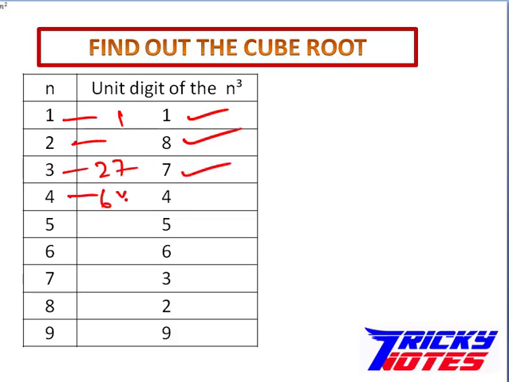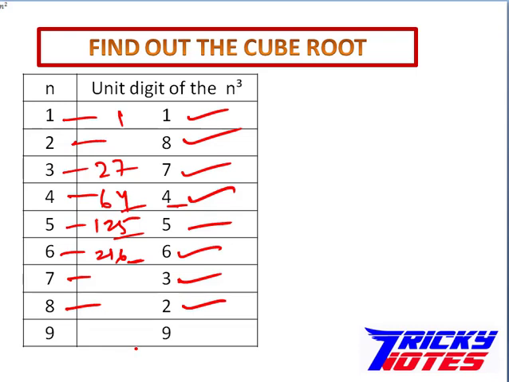Cube of 4 is 64, the unit digit is 4. The cube of 5 is 125, the unit digit is 5. The cube of 6 is 216, the unit digit is 6. Similarly, we will find the unit digit of 7 cube will be 3. The unit digit of 8 cube will be 2. The unit digit of 9 cube will be 9.